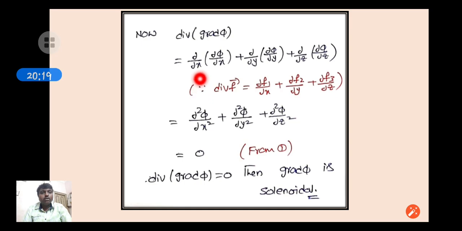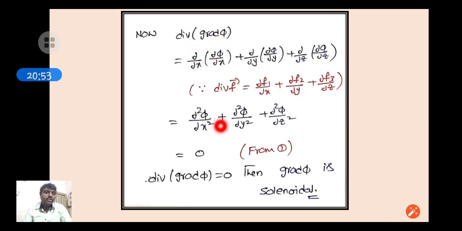So here I am writing dou by dou x of the i component dou phi by dou x plus dou by dou y of the j component dou phi by dou y plus dou by dou z of dou phi by dou z. By applying the partial derivatives, that equals dou square phi by dou x square plus dou square phi by dou y square plus dou square phi by dou z square. This is the value of divergence of grad phi.